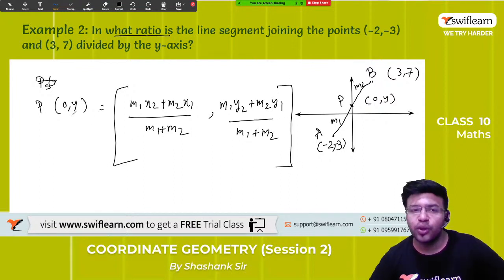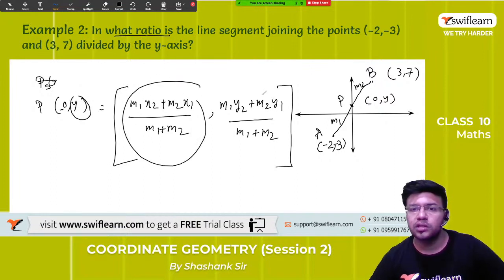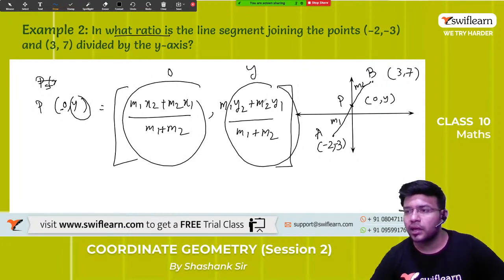Now देखो इधर, we know the x coordinate 0. So let us use that and find the ratio. So 0 is equal to this thing, y is equal to this thing. ये 0 है, ये y है, y हमें पता नहीं है, तो अभी के लिए ये हम यूज नहीं कर सकते हैं. Let us use this 0.